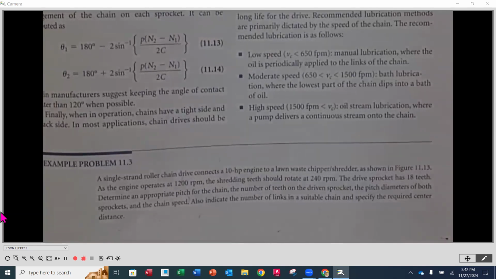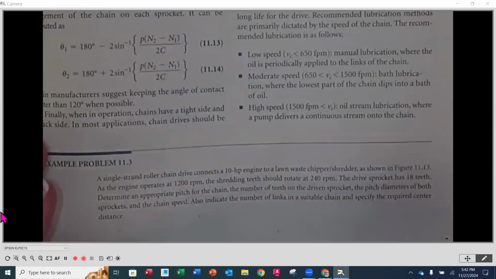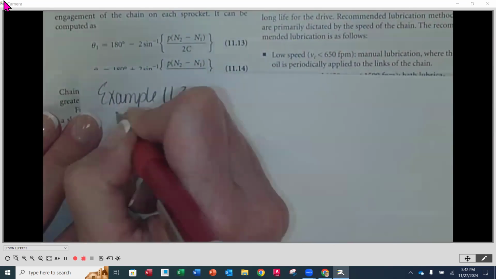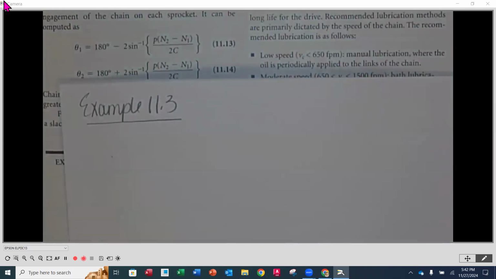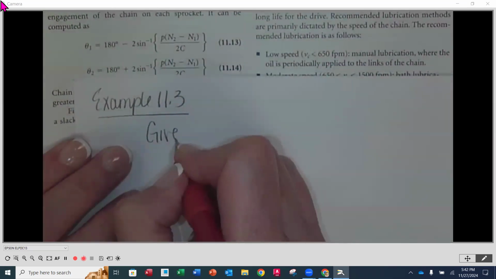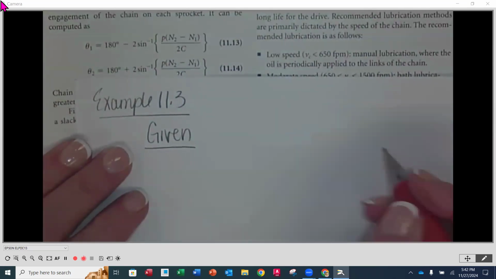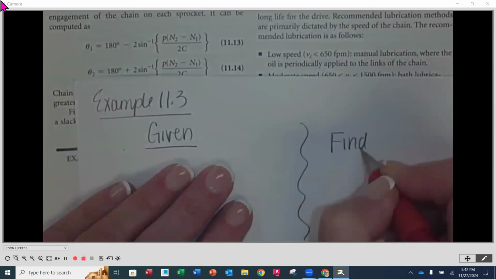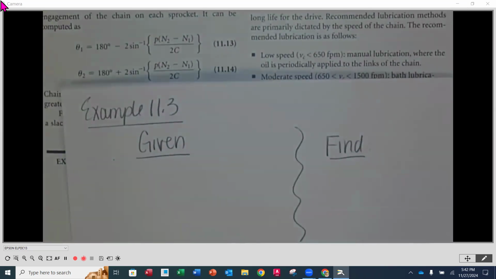Okay, so we've got a lot going on here. What I want you to do, just like we have in the past, is start out with, this is example 11.3, and this is the last of our practice problems for module 6. I want you to list from that problem statement the information that you're given, and the elements that you need to try to find.